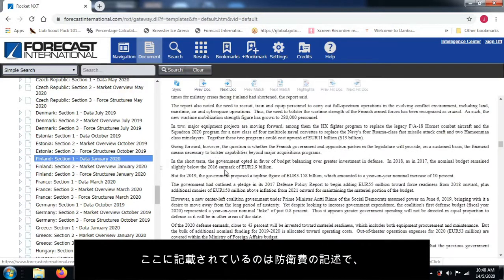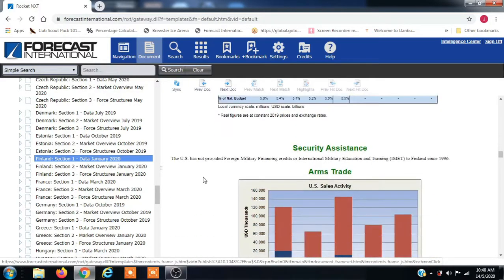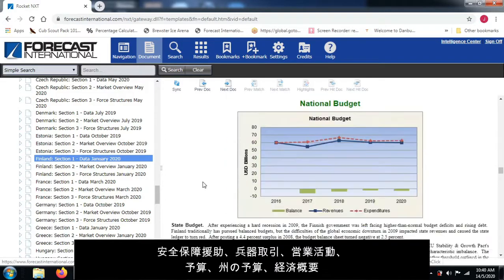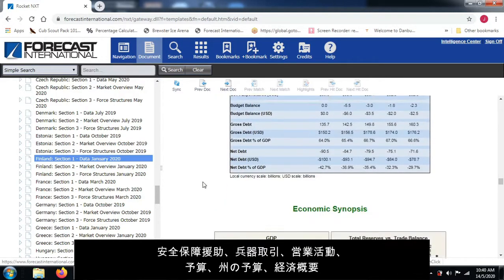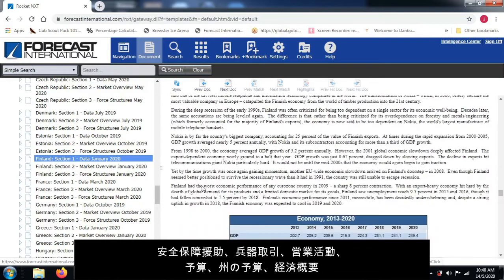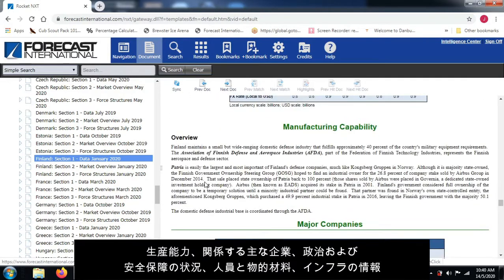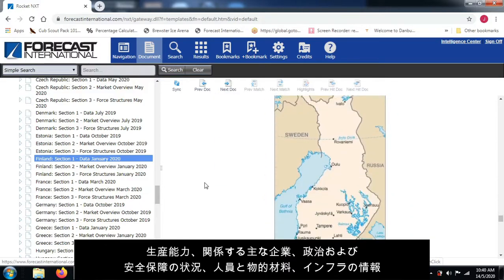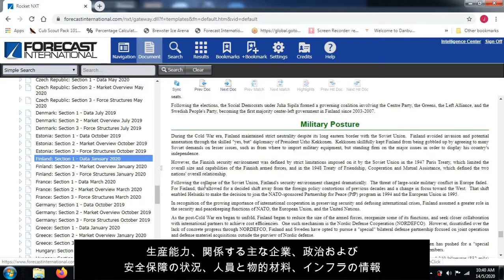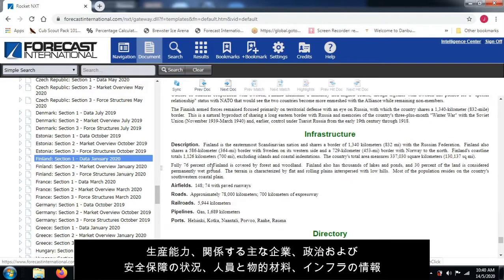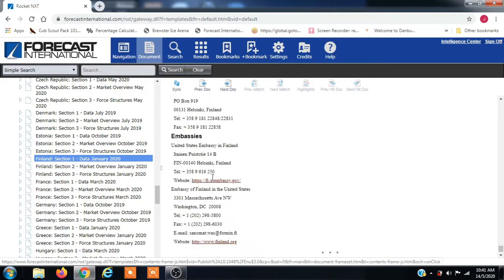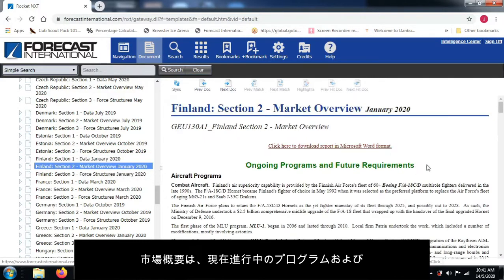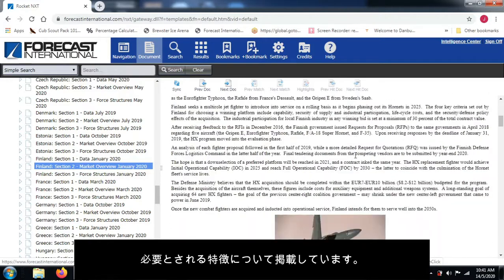Defense spending is discussed, security assistance, arms trade, sales activity, budgets, state budget, economic synopsis, manufacturing capability, the major companies involved, the political and security environment, and finally their military posture and infrastructure. The market overview discusses ongoing programs and future requirements.